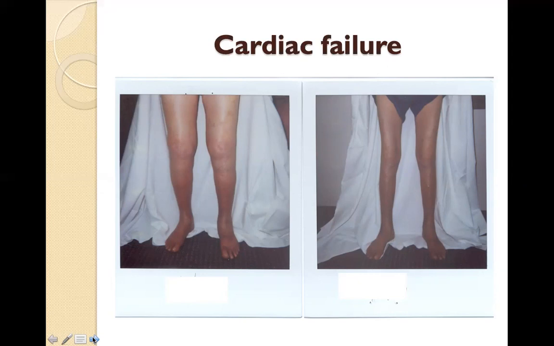So when I evaluated him and I saw quite abundant pitting edema from the feet up to the groin, even beginning to affect the genitals, I inquired about medications he was taking. I inquired about weight gain, and it turned out that compared with just recently, about 1 or 2 weeks prior, he was now 30 pounds heavier than he was just 1 to 2 weeks ago.